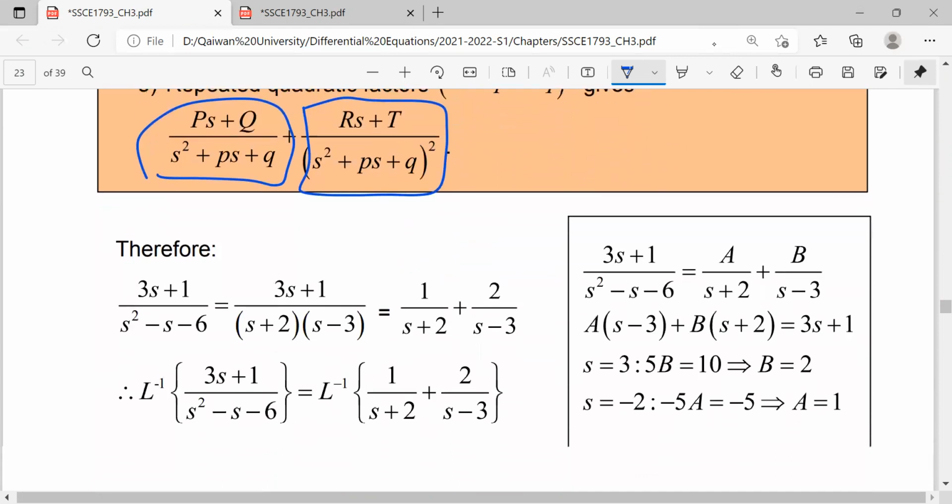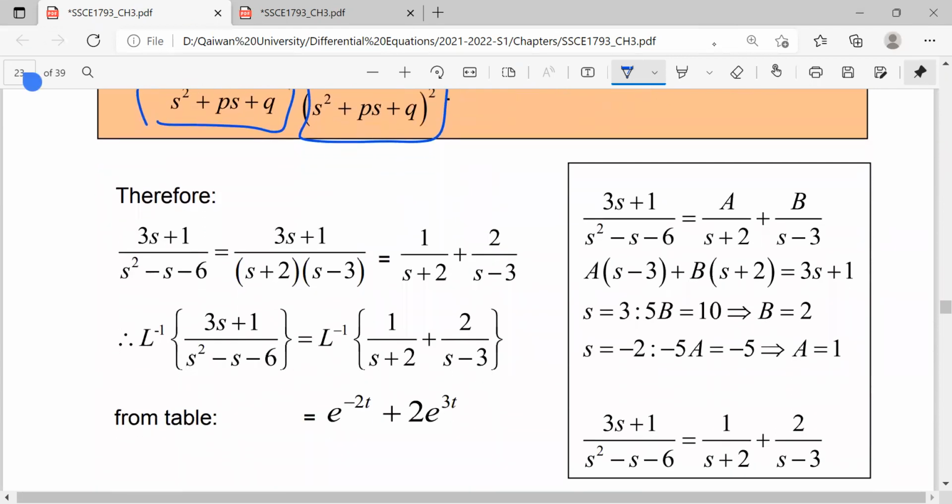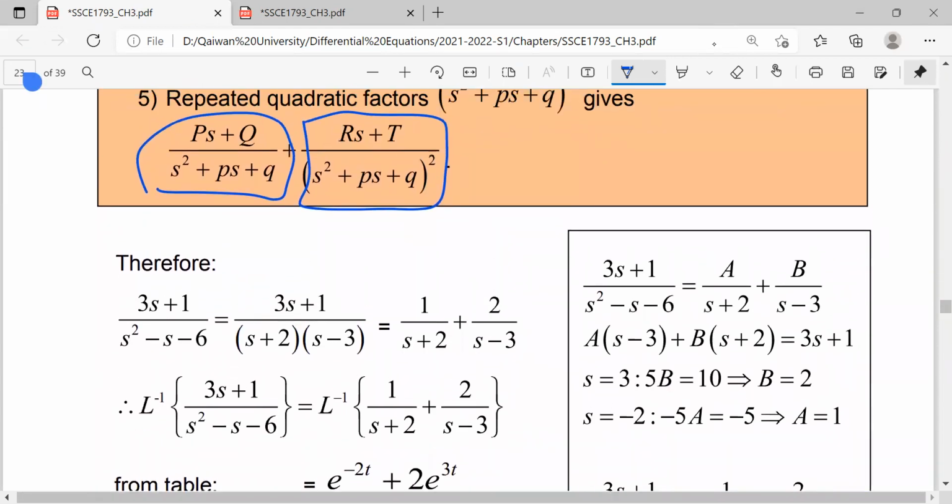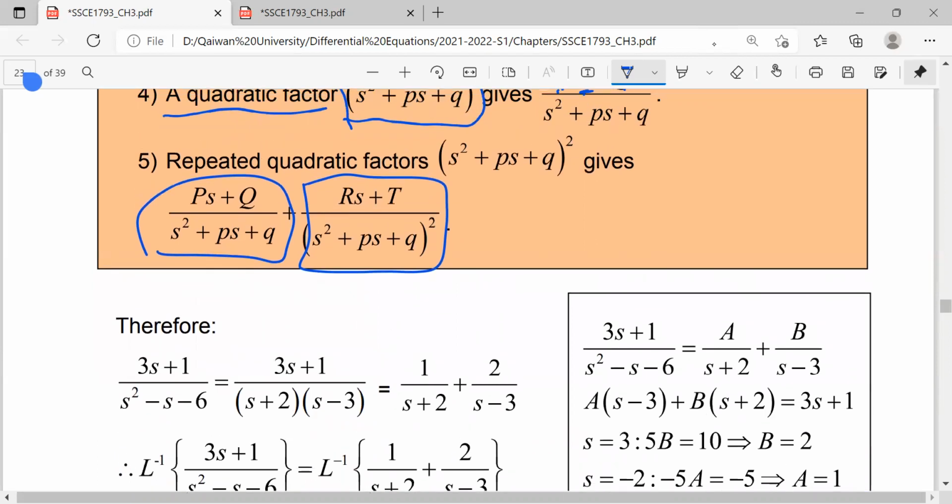Okay, here you have an example about finding the partial fractions of this function. Here we have 3s plus 1 divided by s squared minus s minus 6. Here we cannot find the Laplace inverse for this function directly. There are no similar functions which have the Laplace of this form.